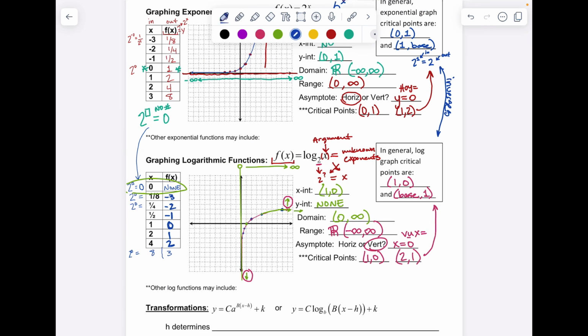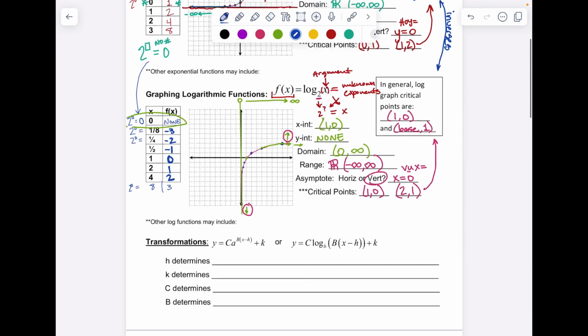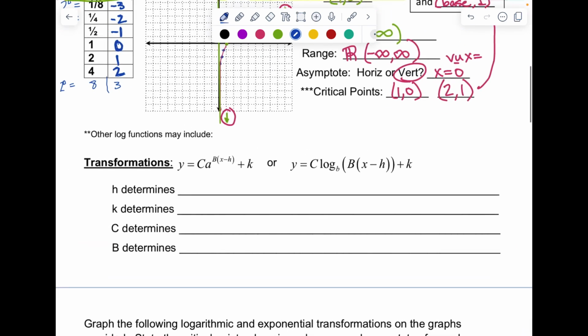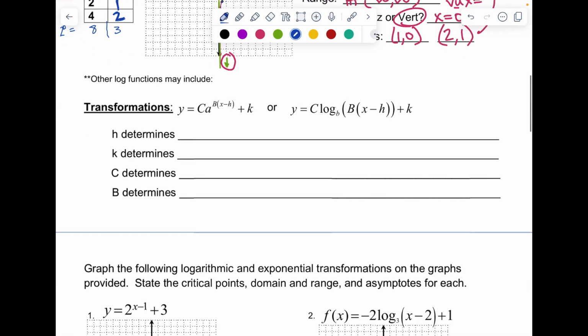All right, so let's now look at some transformations. The transformation rules are very similar to what we've been learning since Algebra 2. Starting with our h, which we can locate here and here, that's going to determine our horizontal shifts. They do the opposite of what you would think.